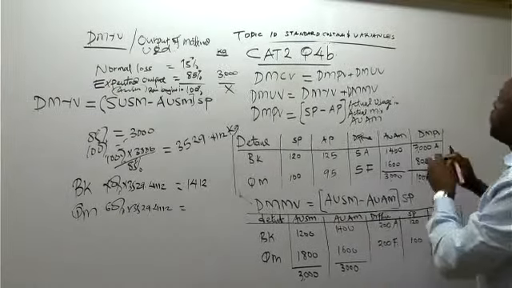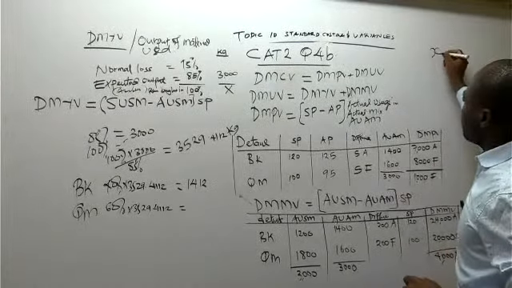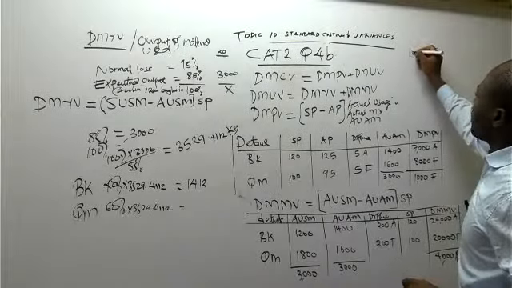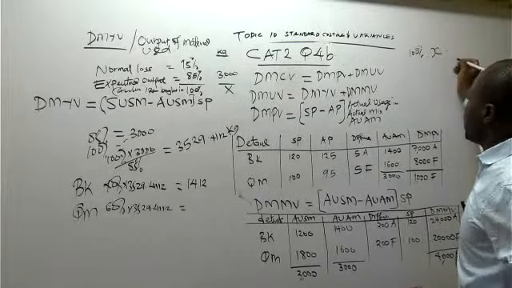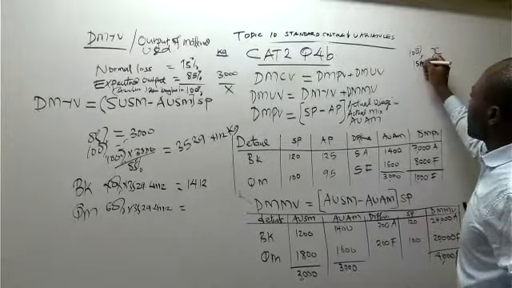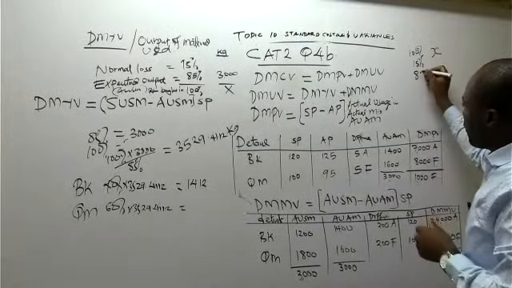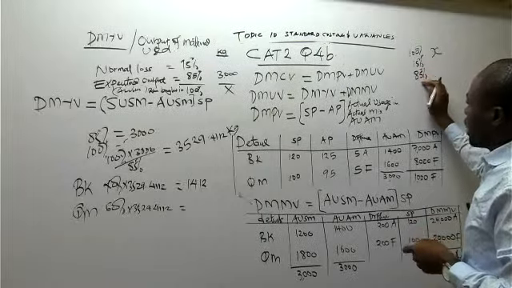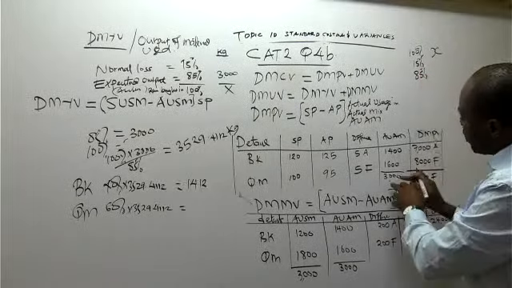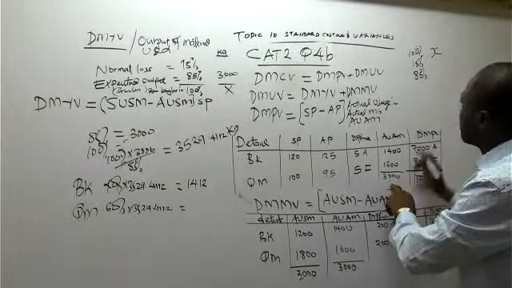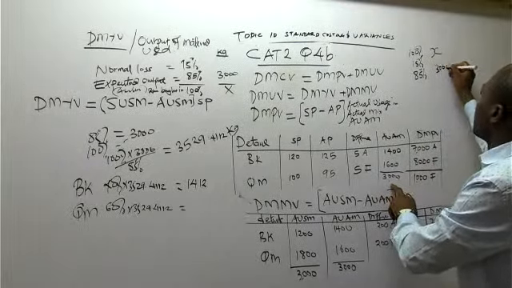So they brought in X, or they brought in 100%, we don't know the 100%, they lost 15%, we don't know that 15%, and they remained with 85%. This is the actual result they are getting. 85% we have been told here, actual usage in actual mix, is 3,000.